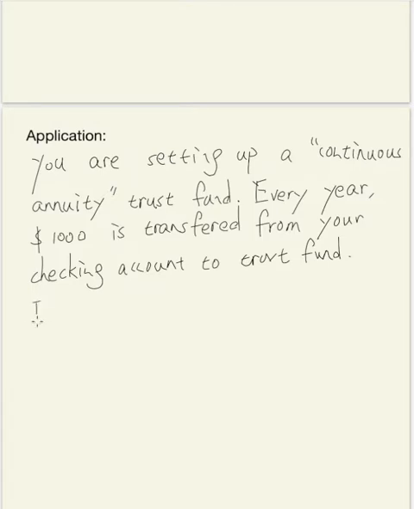And it earns an 8% annual interest, compounded continuously.